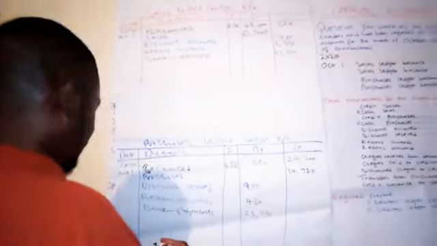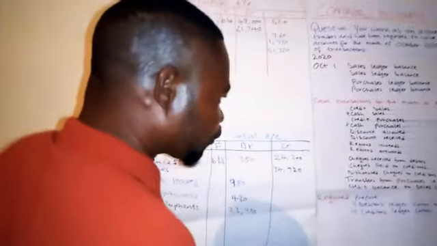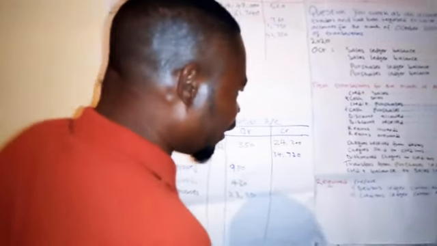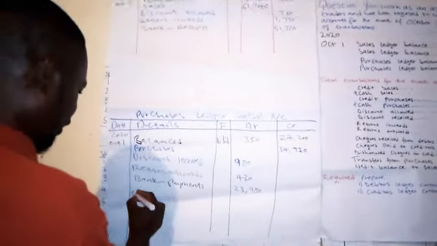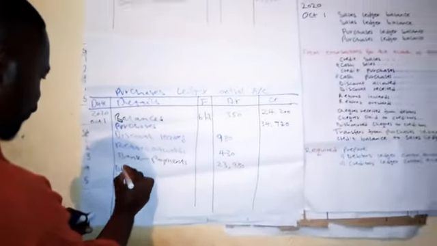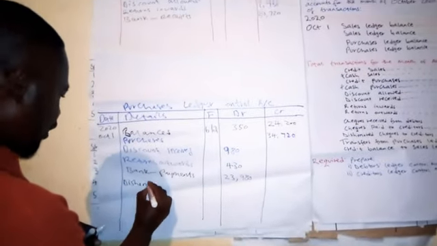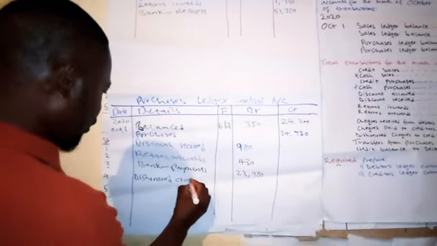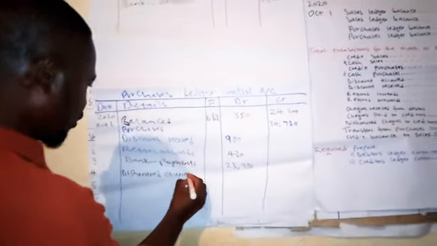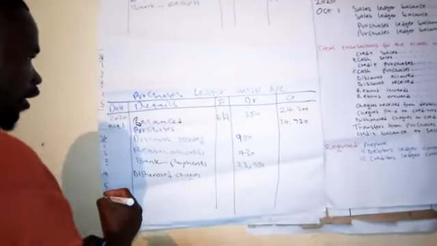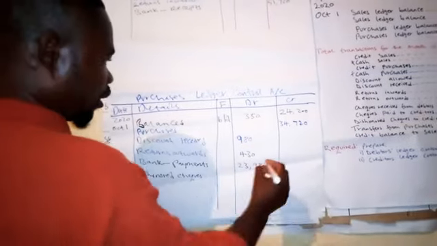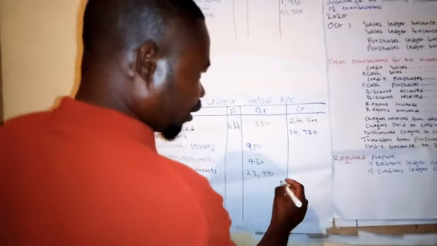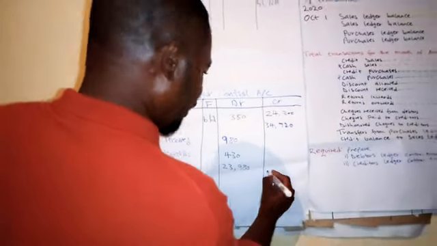Okay, then we have the next item, dishonored checks to creditors. So dishonored checks should be credited. We have 880.